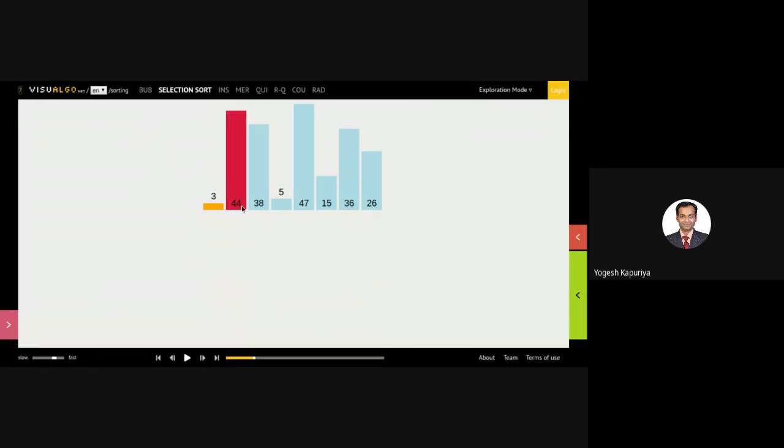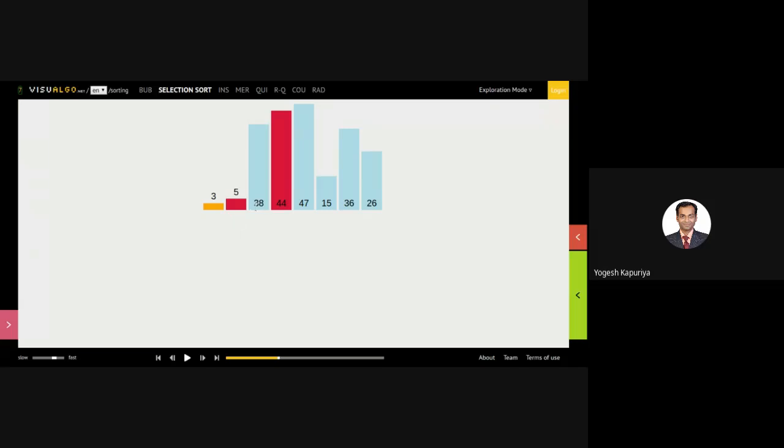Now 44 will be compared with 38, and because 38 is less than 44, it will be swapped. Wait a minute, what is it doing? Right, so it is actually swapping at the last. Fine. So 5 is compared with 38 and 44.